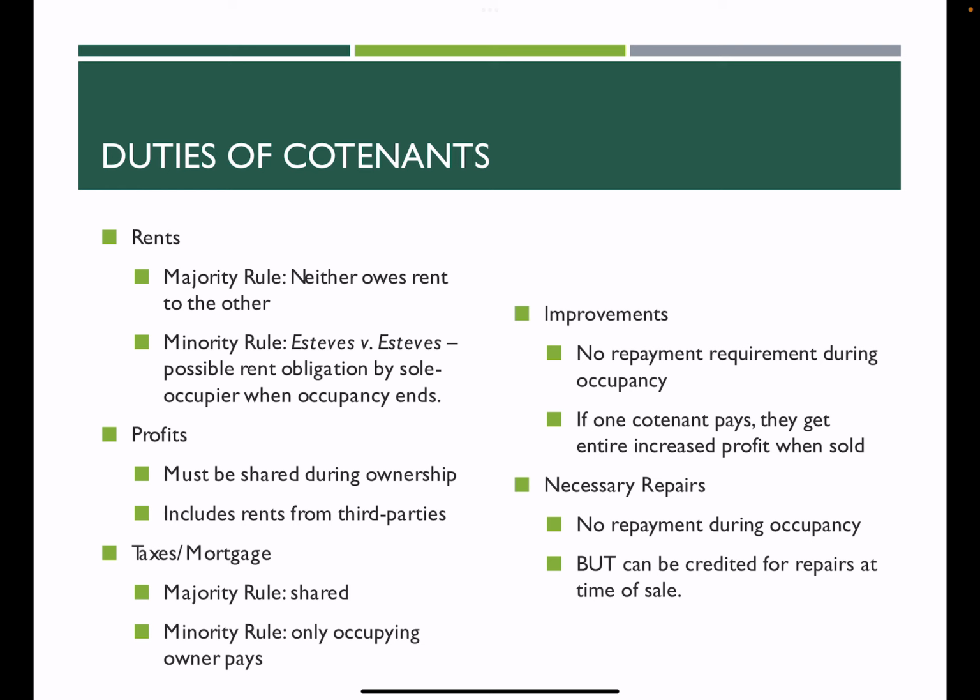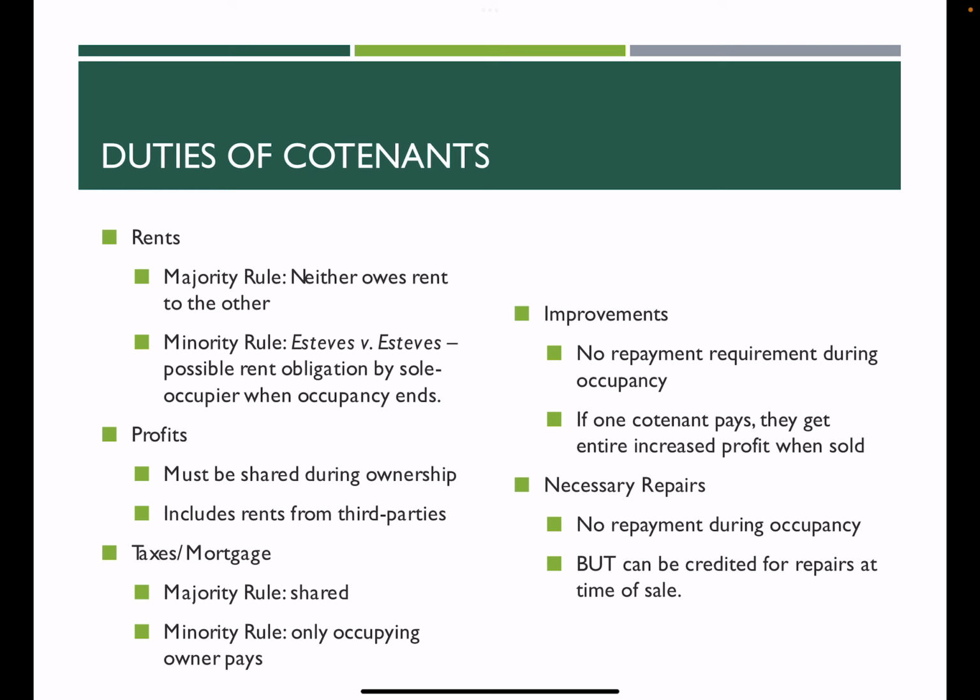So let's say that it is A and B, and A leases the land to someone else and is getting $10,000 a month, assuming 50-50 ownership interests in those two joint tenants. A would owe $5,000 a month to the other party.